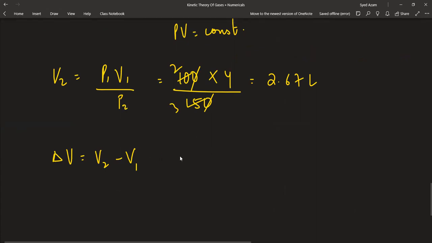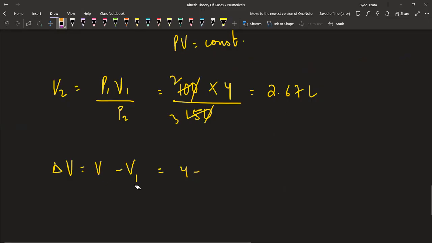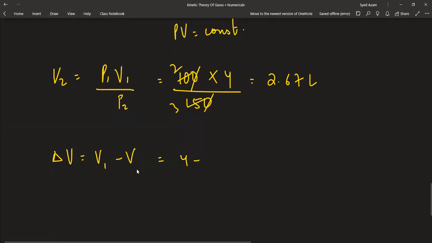So change in volume will be V1 minus V2, because your volume has compressed, it has not expanded. So 4 minus 2.67 will be 1.33. This much liters will be the change in volume.